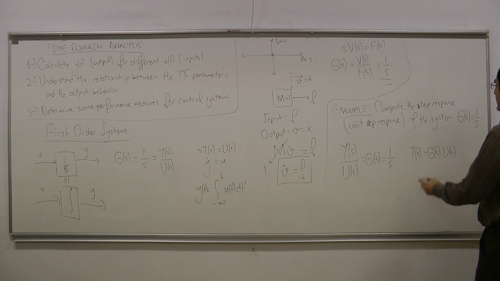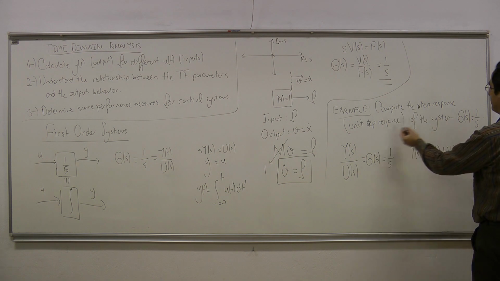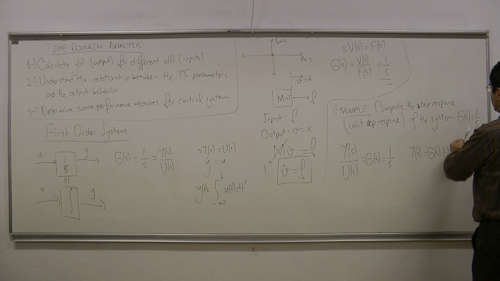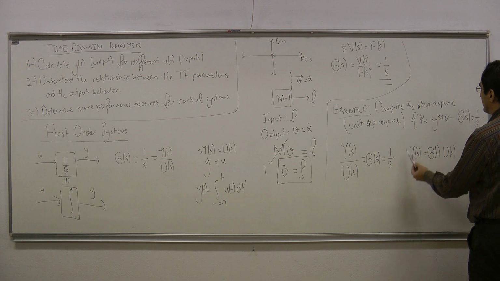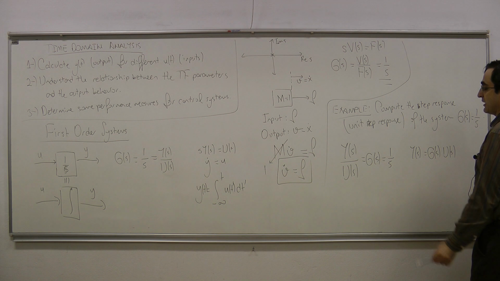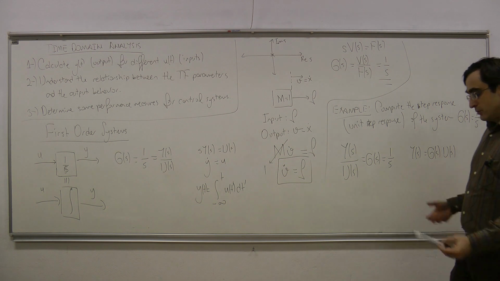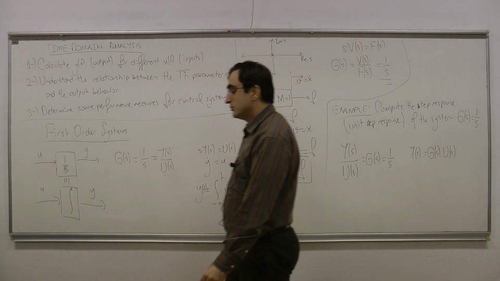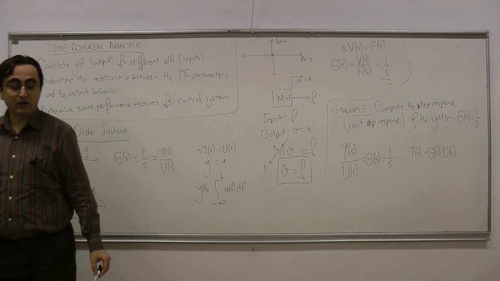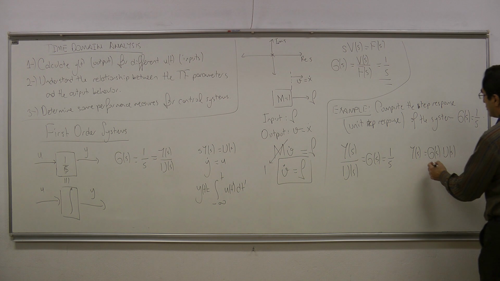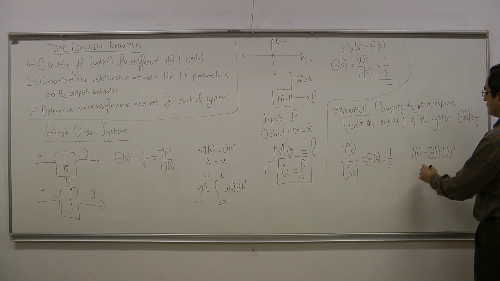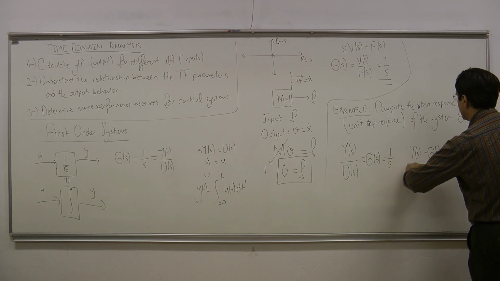When we are asked to calculate the step response of a system, what we need to do is calculate the output of the system, y of t, to the unit step input, which is the unit step function. And in this equation, I need to calculate what is y of t.